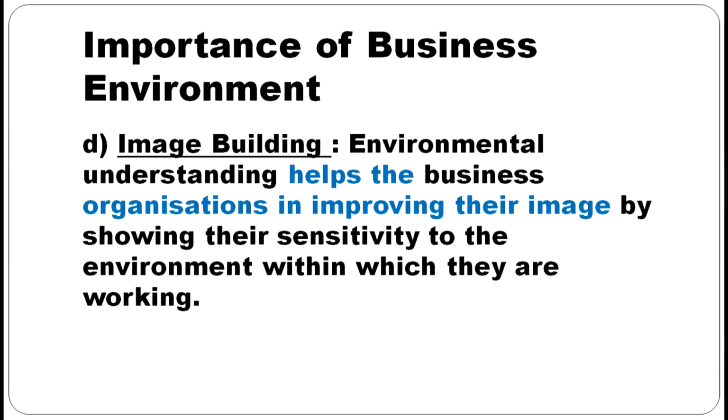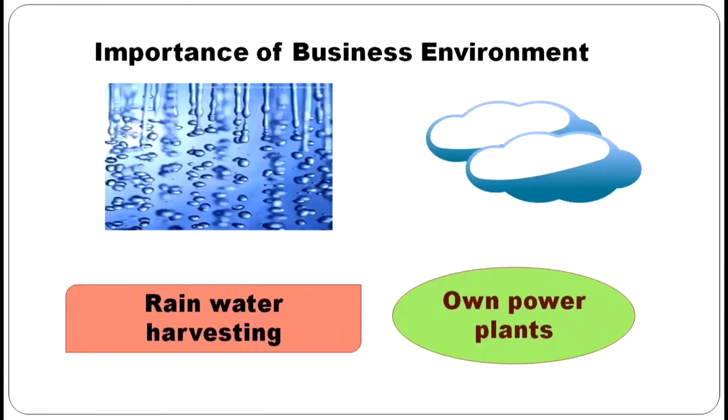Environment understanding helps the business organization improve its image by showing sensitivity to the environment within which it works. Some organizations have started using rainwater harvesting, because rainwater is a precious thing and should be conserved for future use, as there is a severe shortage of pure water.